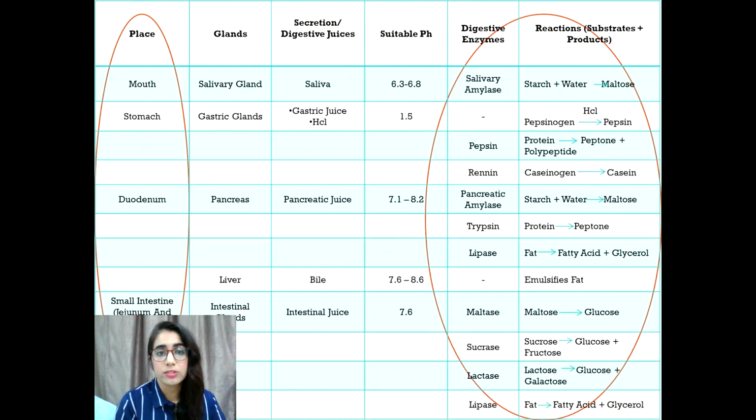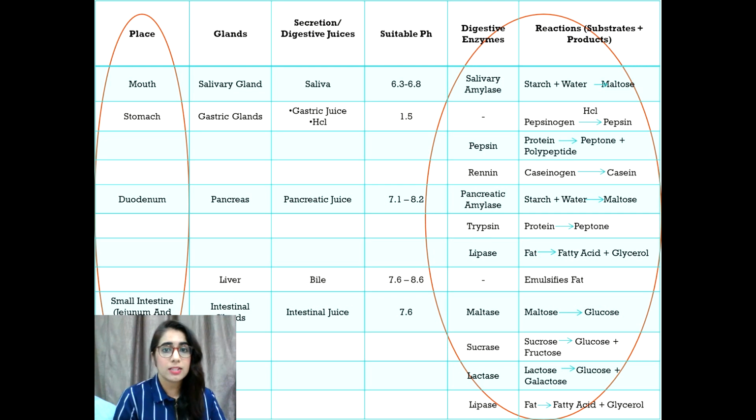So in short, the physical and chemical digestion that begins in the mouth and ends in the small intestine converts carbohydrate into monosaccharide or simple sugar, which are glucose, fructose and galactose. Protein is converted into amino acid, whereas lipid is converted into glycerol and fatty acid. Clear?